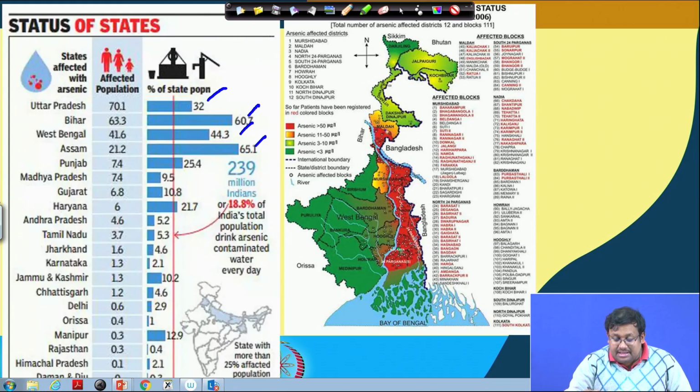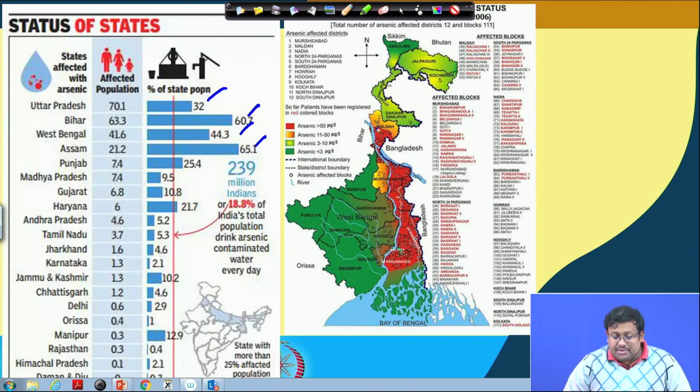You can also see the groundwater arsenic contamination: this red region shows higher groundwater concentration, more than 50 microgram per liter. One thing is clear from this, that at the lower end of the river Ganga, when it reaches the Bay of Bengal, it produces the highest amount of arsenic contamination, and this is geogenic in nature.